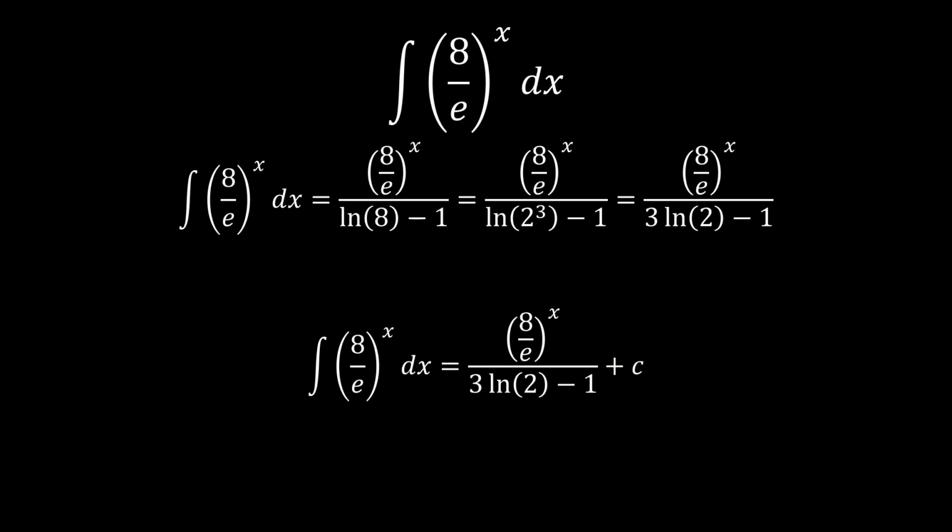So another way to write the integral of the quantity 8 over e raised to x dx is just the quantity of 8 over e raised to x all over 3 times the natural log of 2 minus 1, and then plus our constant c, our integratable constant c.